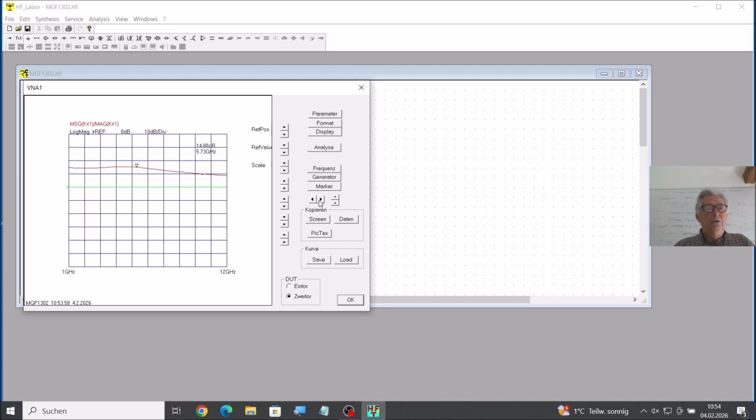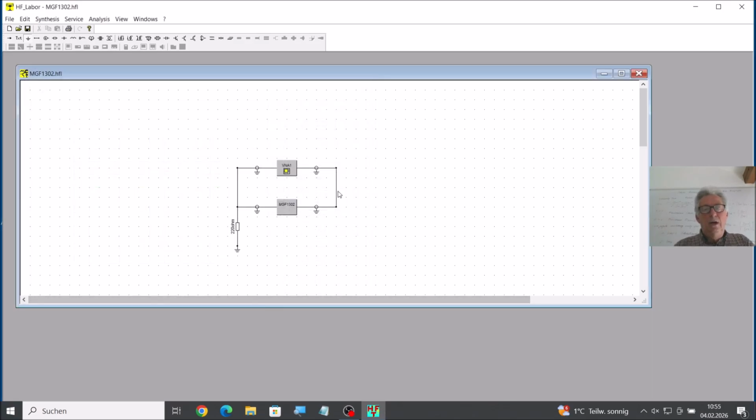What means that due to the resistor, we included the damping in this frequency region. And now to match the output, we have to measure the output reflection coefficient at this frequency.